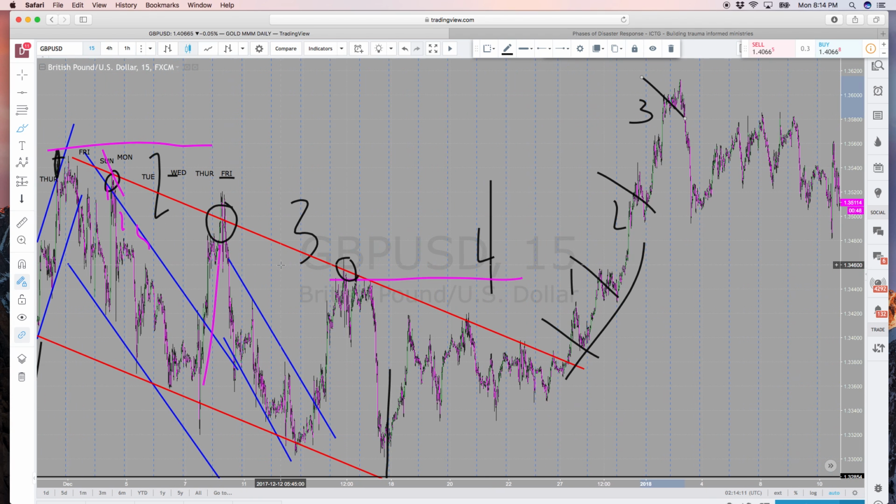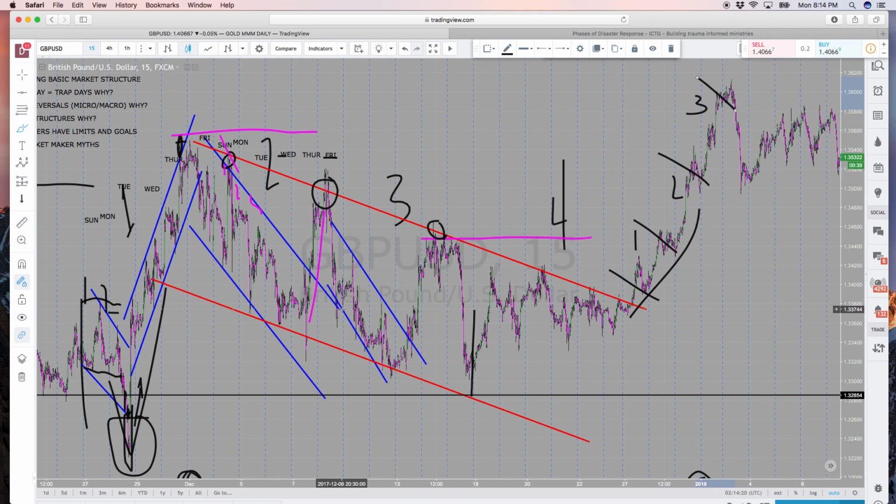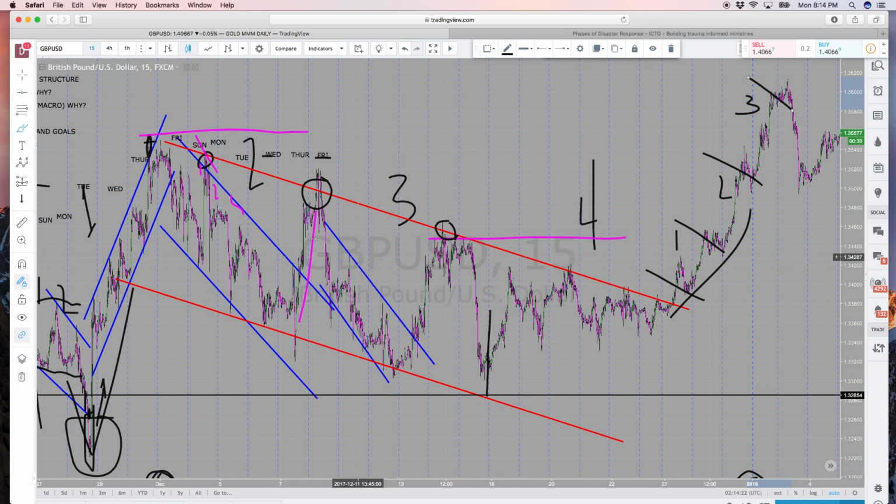Because the 3 hits that they created here to create the structure of the trend, what's above these highs here? What's above these points right here? These previous highs. There's going to be stop losses above these highs.